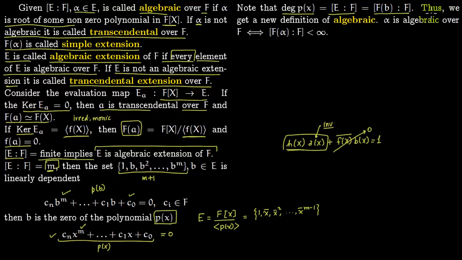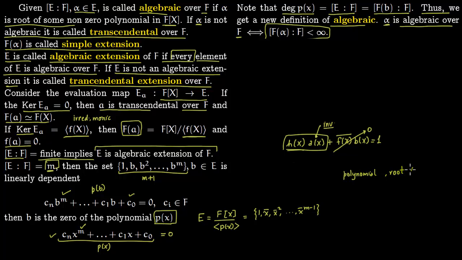Thus we get a new definition of being algebraic. Alpha is algebraic over some field F if F(alpha) over F is finite, because ultimately you need to find a polynomial which has a root alpha.